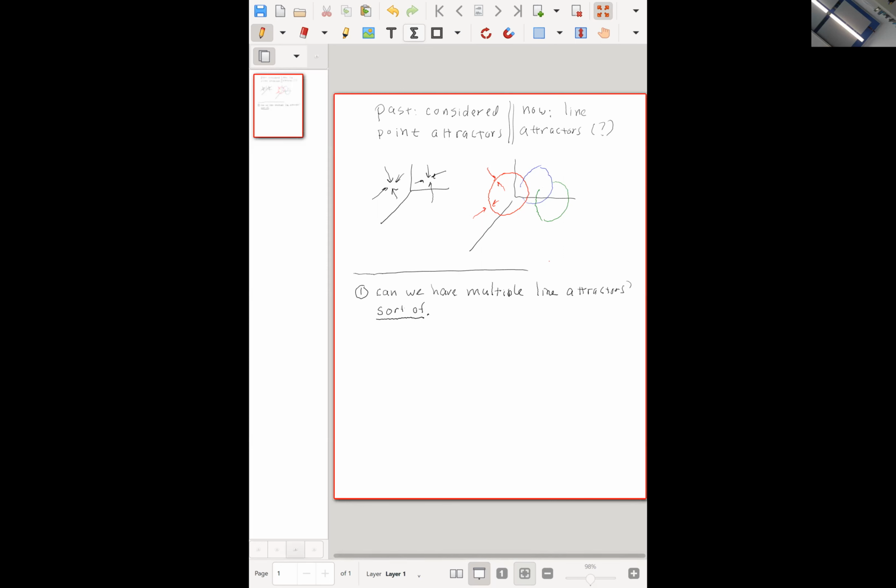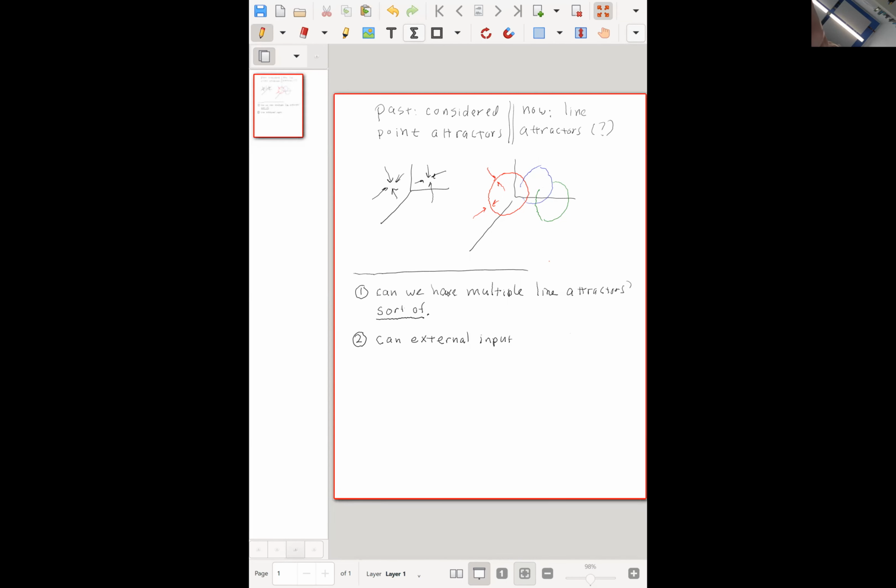And the other question we want to ask is, can external input move the trajectory? Well, actually, let's rephrase that a little better.